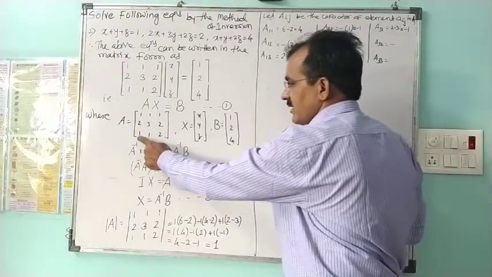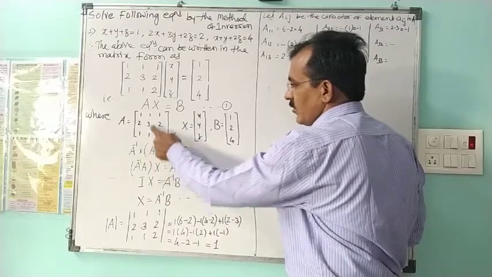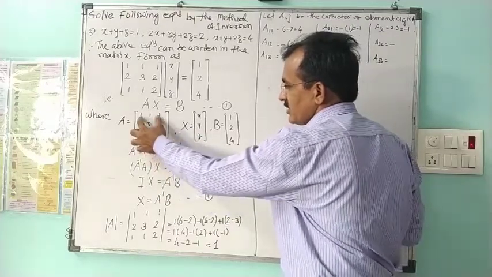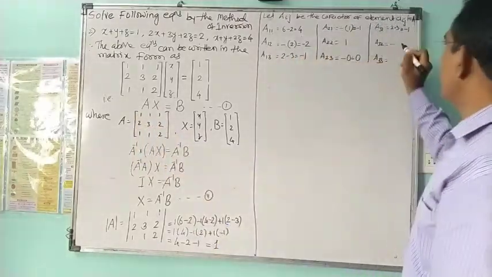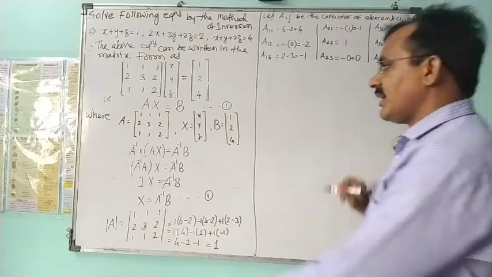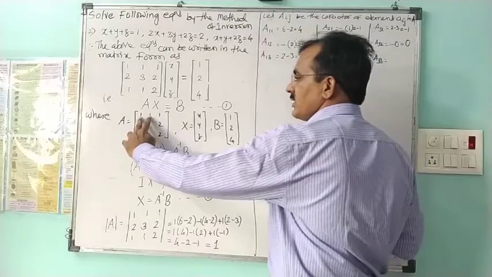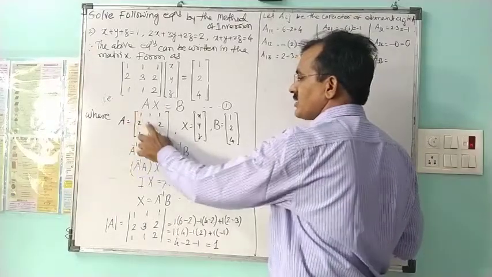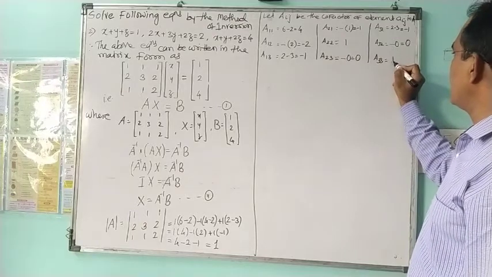Next, eliminate the third row with the second column. This gives these 4 elements. Their cross is 2 minus 2, which is 0. So this element is 0. And the last cofactor, elimination of the third row with the third column, gives us these 4 elements. Their cross is 3 minus 2, which is 1.